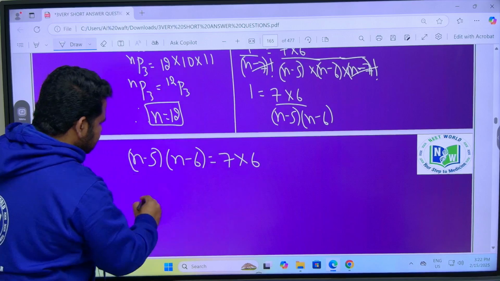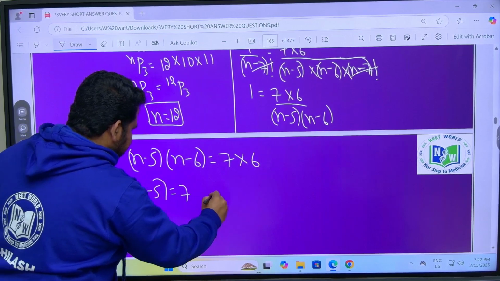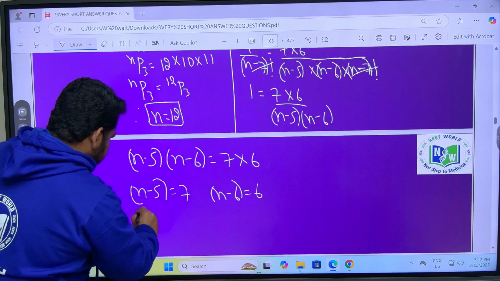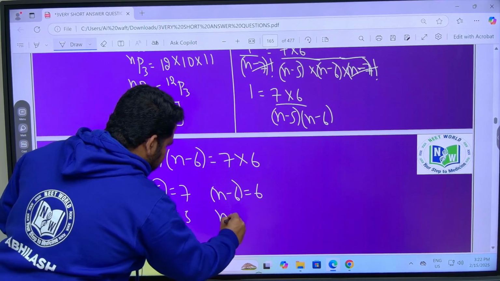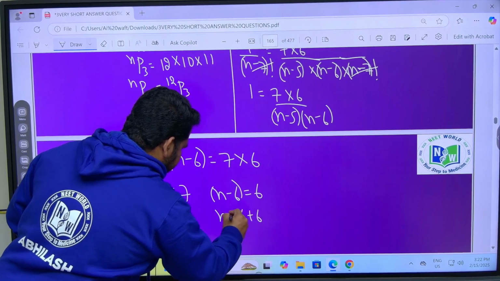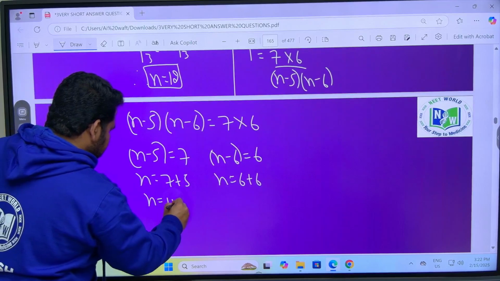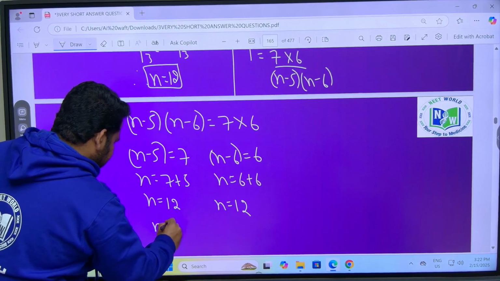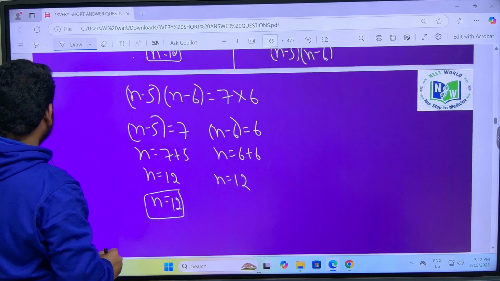So that means n minus 5 will be equal to 7 and n minus 6 will be equal to 6. So n will be 7 plus 5, and n will be 6 plus 6. We have to equate correspondingly. So n will be equal to 12. Here also n will be equal to 12. Ultimately we got the value of n as 12. This is how we solve this question.